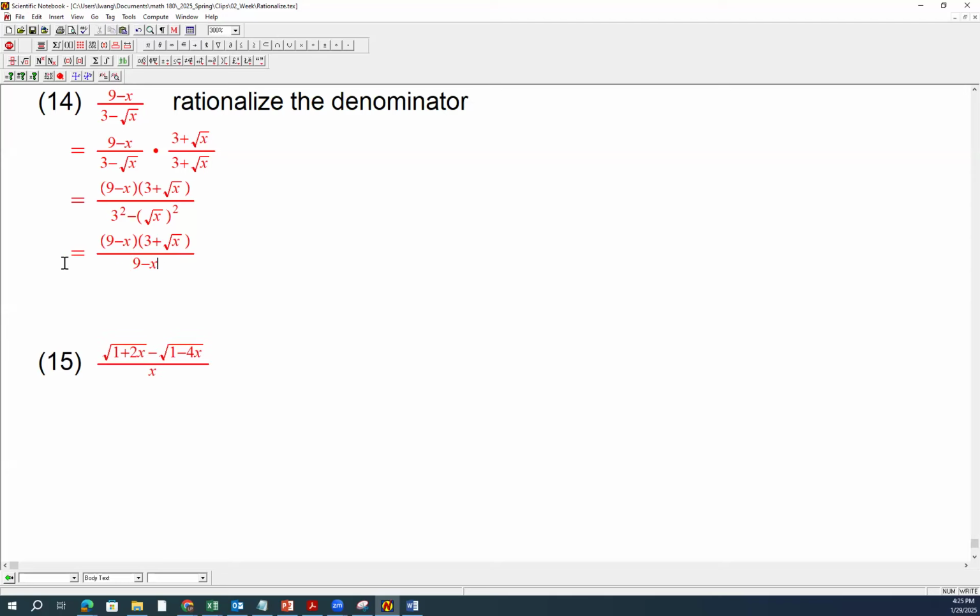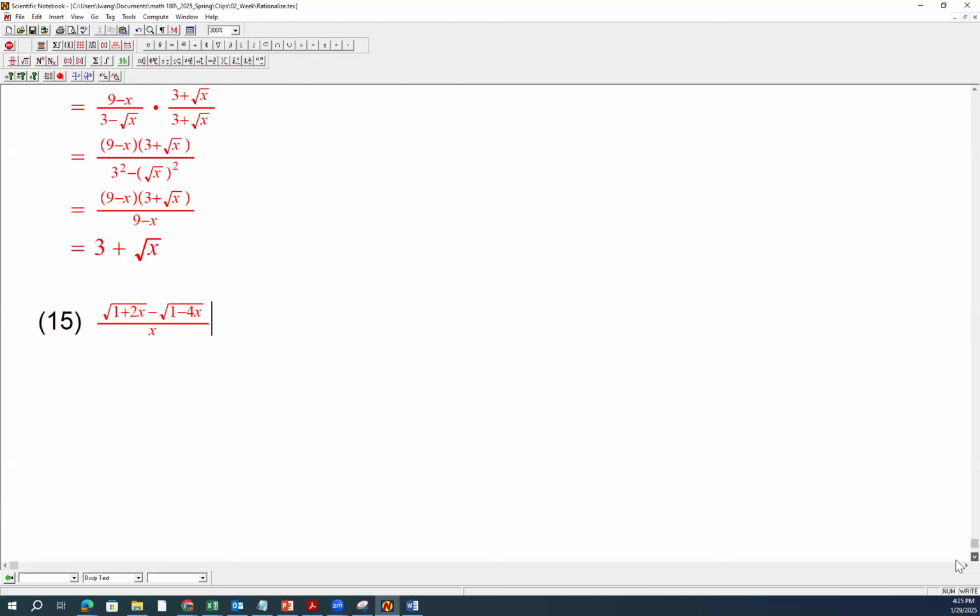And 9 minus x will be reduced, right? So in the end, the final answer would just be 3 plus root x. Okay? Last but not least, number 15.